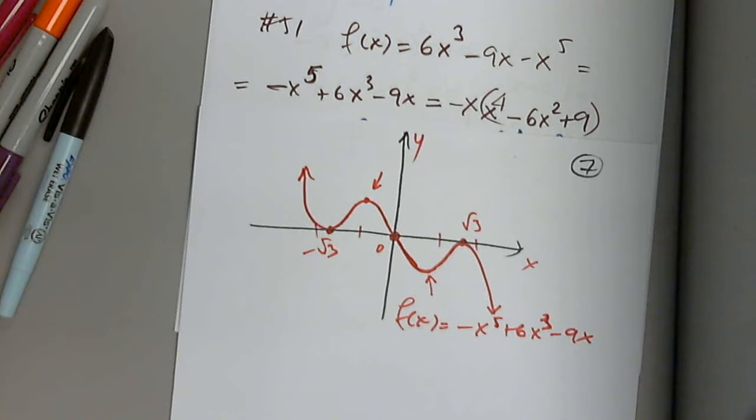So let's go to y equals. Yes? Questions? Okay. Y equals. Clear. So we have negative x to the 5th, plus 6x cubed, and minus 9x.